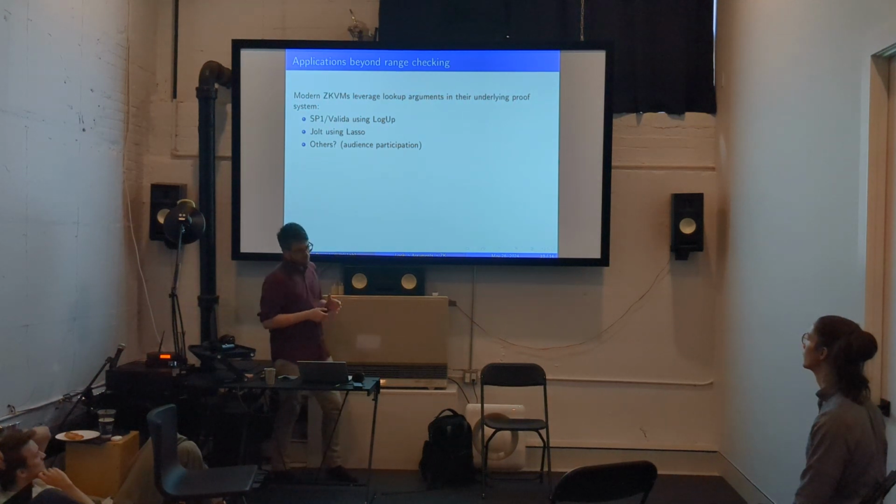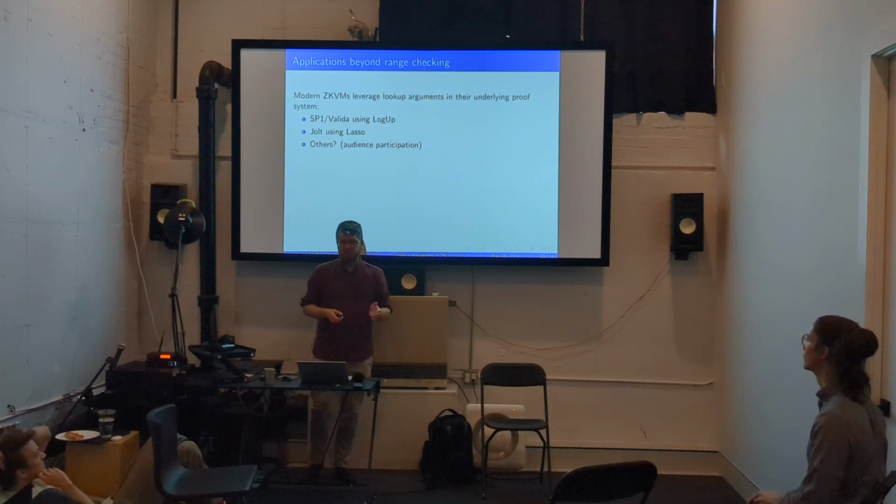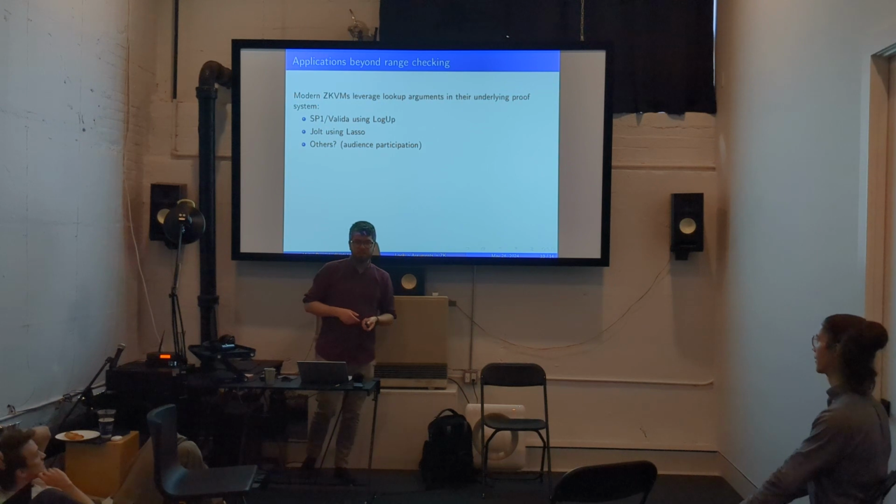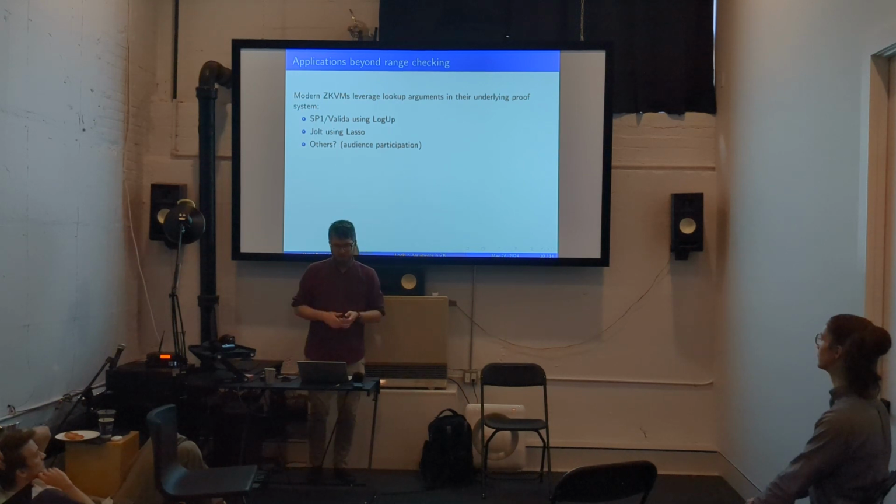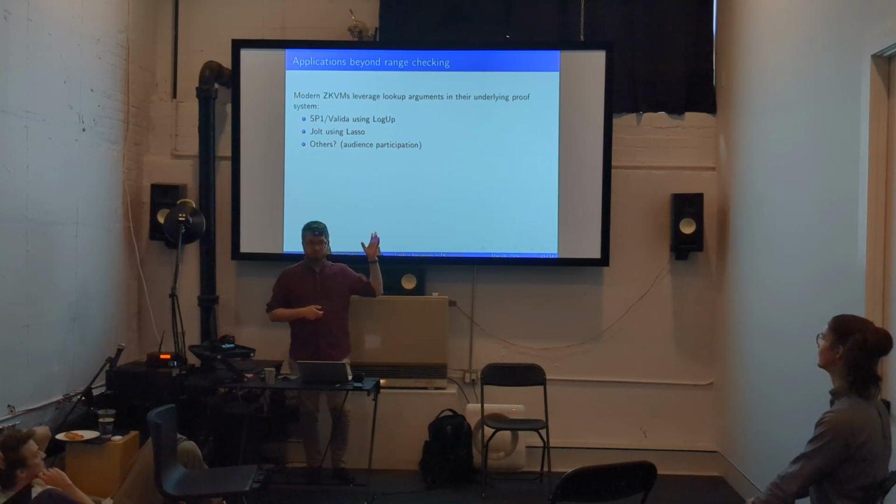So far I haven't described too many applications of lookup arguments. I've given the range checking application, but there are a lot of applications, or at least I think there are. One which is really hot right now is using lookups in the context of ZKVMs. I think ZKVMs were talked about earlier.